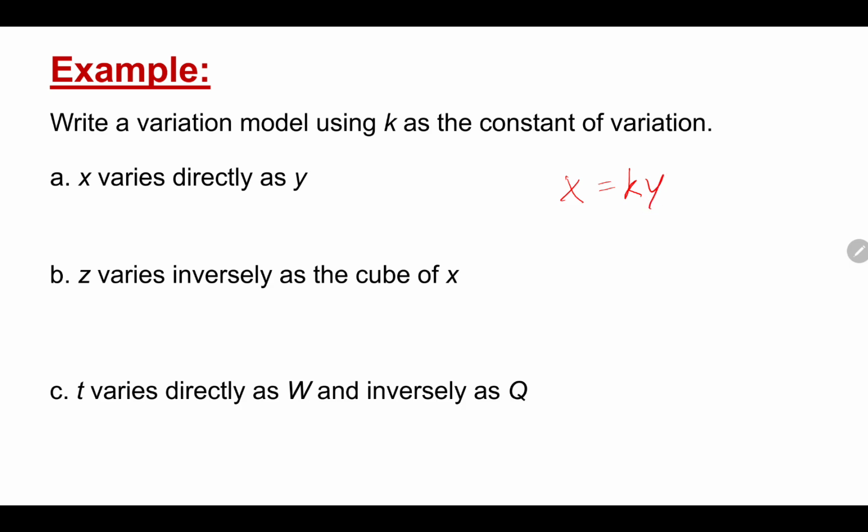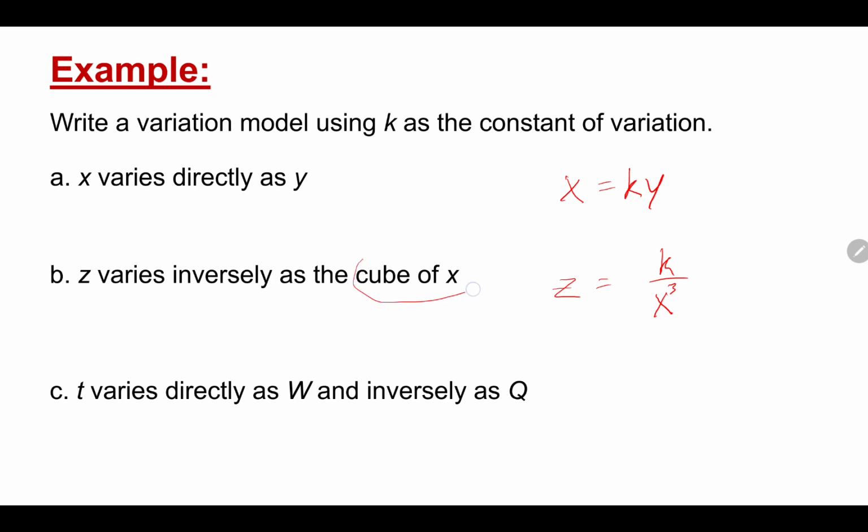Z varies inversely as the cube of x. So this is going to be some k over, z varies inversely, so z equals k over the cube of x. So the cube of x would be x to the cube.